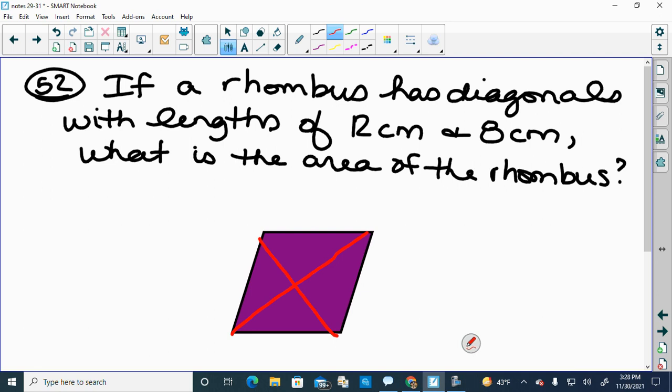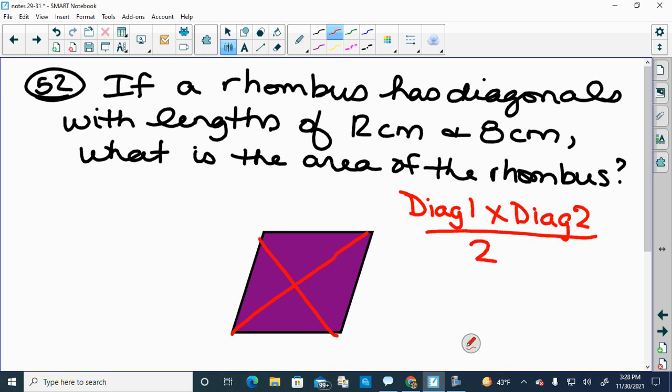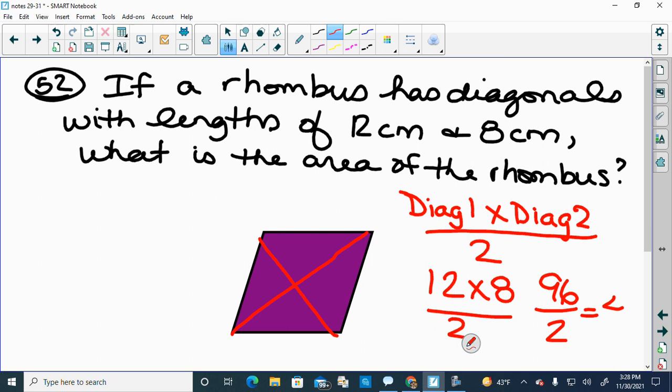Remember, you're taking diagonal 1 times diagonal 2, and then you're going to divide by 2. So 12 times 8 would be 96, and then divide by 2, so that means the area is 48.